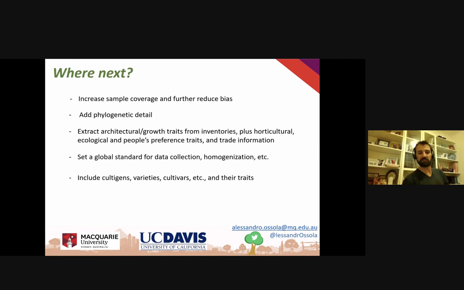So it's not an easy task, considering that some of these cultigens and varieties are also owned by the producers, so they are trade marketed, and we don't necessarily know where they're coming from and to what extent they diverge in terms of ecological characteristics and traits from the parents. So that's something that we should really look into.